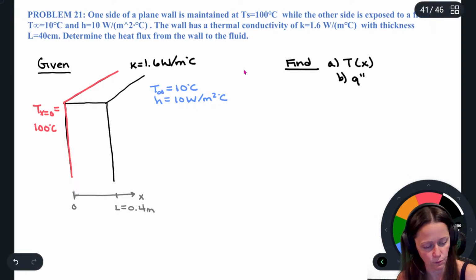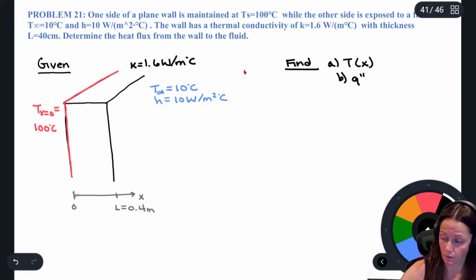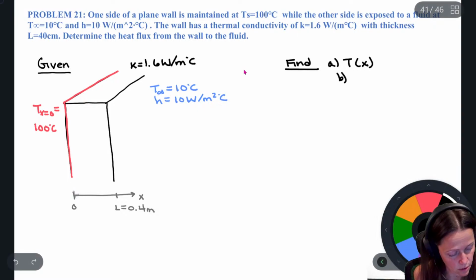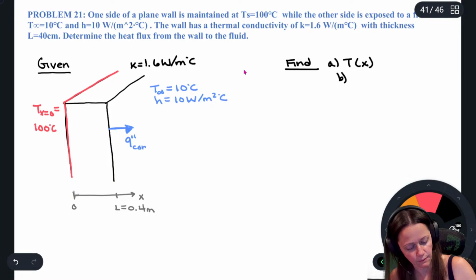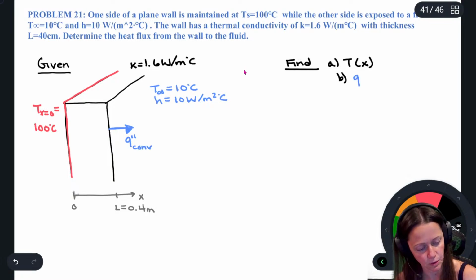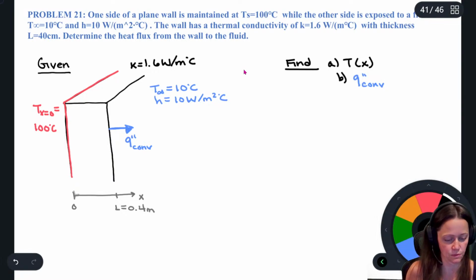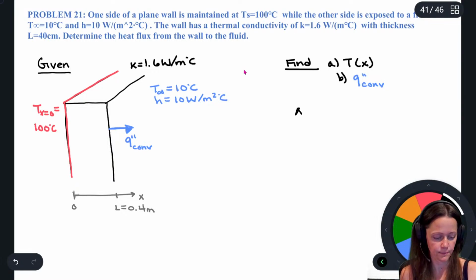What I'm looking for is this guy, my Q by convection. We want it in terms of flux.